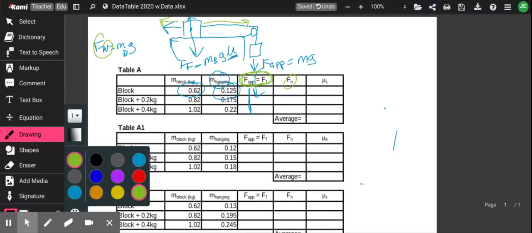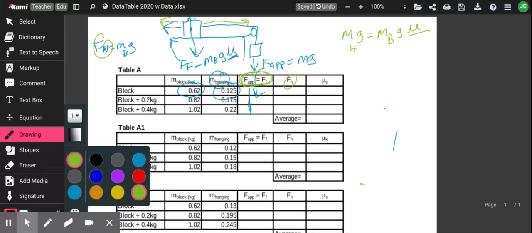If they are equal and opposite, what we discover is that mg, the hanging weight, is equal to m, the block, times gravity times mu. And you can then solve for mu.